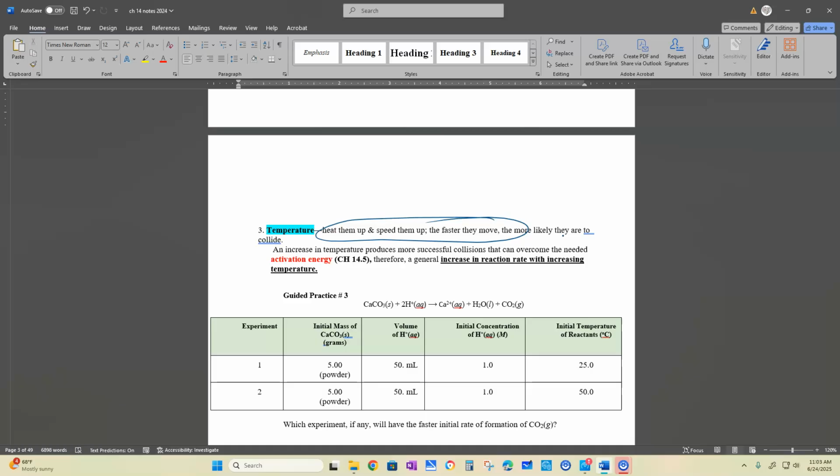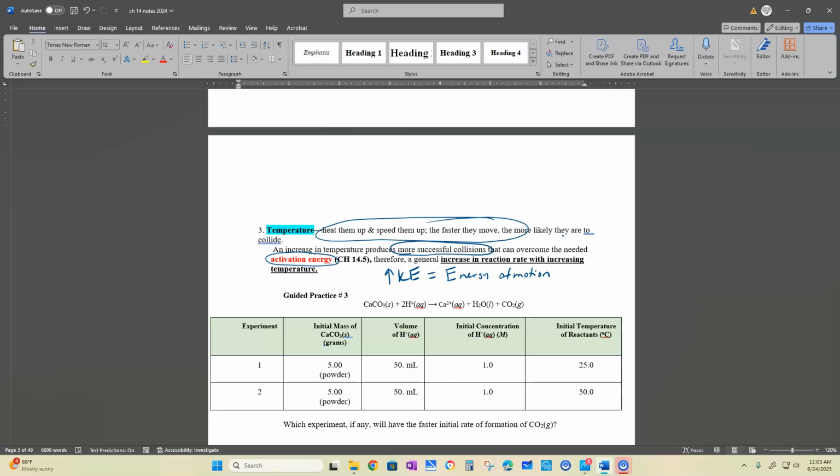You're gaining energy. That's the key. That's why it's called kinetic energy, the energy of motion. Cranking up that temperature gives you a gain of energy, and now you have more successful collisions that are needed for that activation energy.